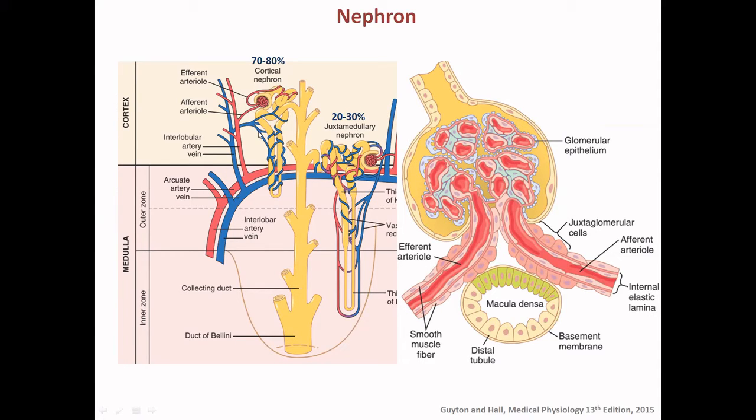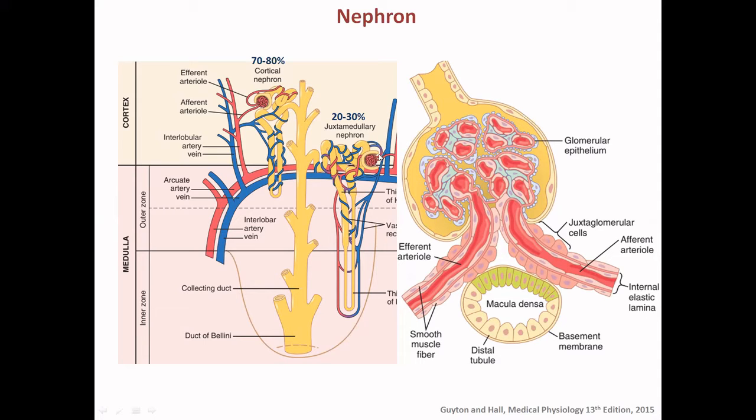Here you can see two types of nephrons. In one, most of the part is present in the cortex. Only the very lower part of the loop of Henle is found in the medulla. And in this lecture series, we will discuss the importance of the medulla in the filtration process. Okay, and another is the juxtamedullary nephron that you will find almost at the junction of the medulla and the cortex.